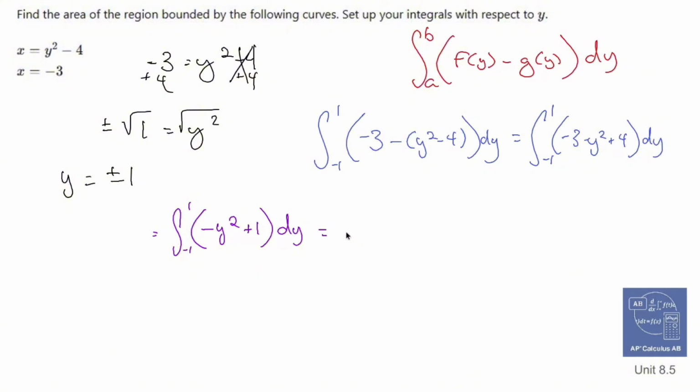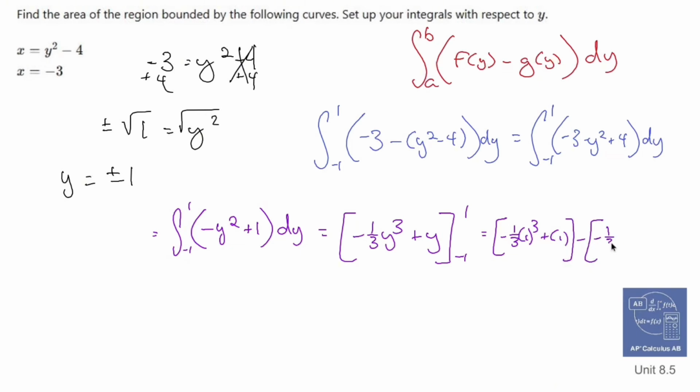Integrating negative y squared gives negative 1/3 y cubed, and integrating 1 gives just y, with limits still negative 1 and 1. So now we plug our stuff in: negative 1/3 times 1 cubed plus 1, minus negative 1/3 times negative 1 cubed plus negative 1.